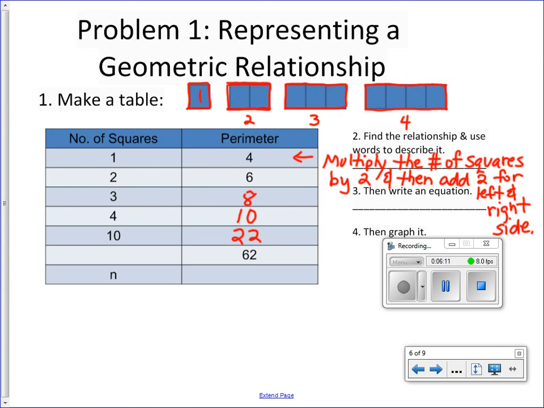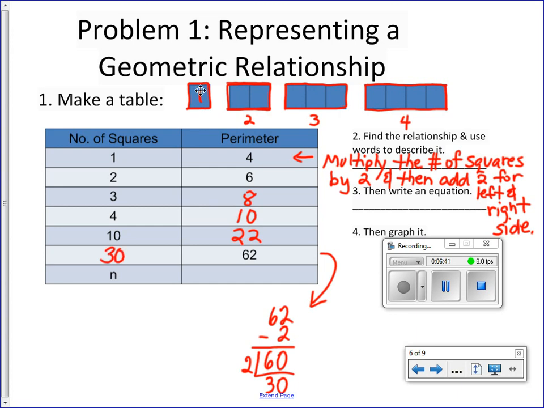If we had a perimeter of 62, notice what we would have to do to find our number of squares is subtract off the left and the right side, which is 2, which would give us 60. And that 60 is going to be split evenly between the top and the bottom. So 60 divided by 2 would give us 30 for our number of squares.